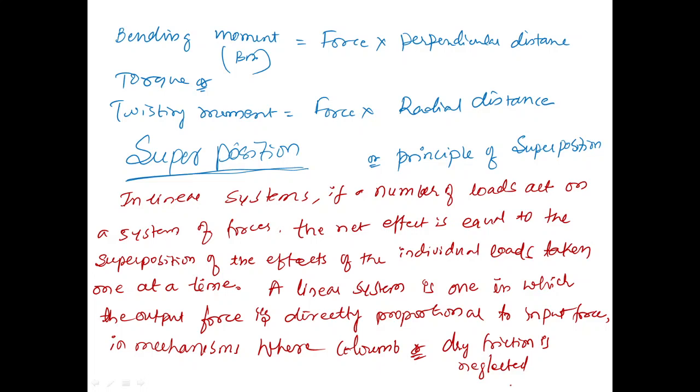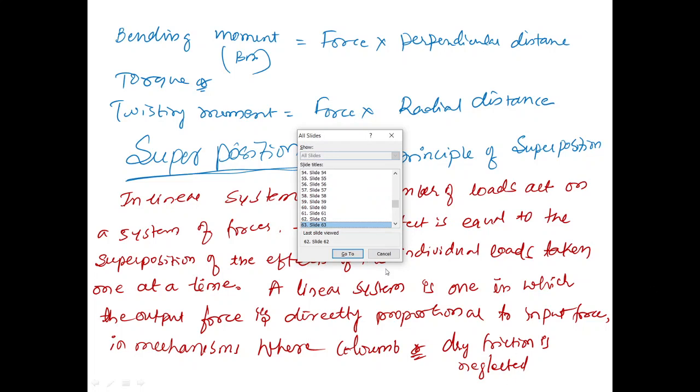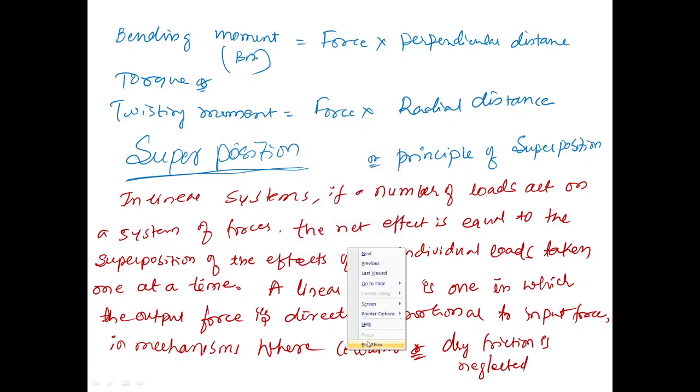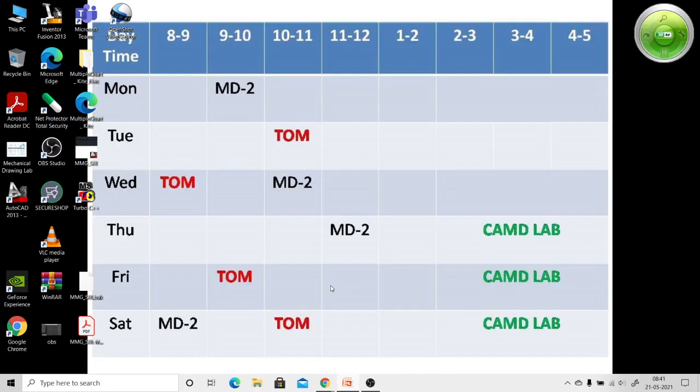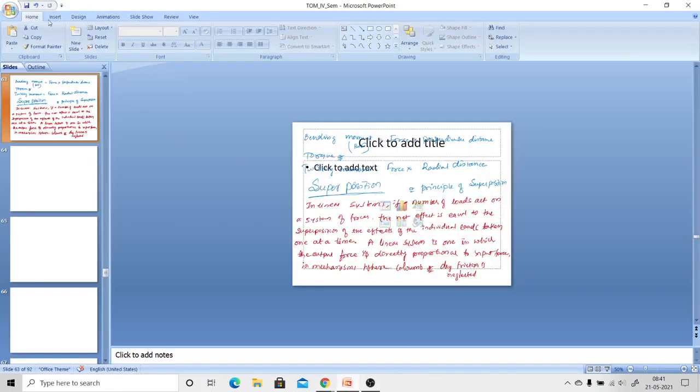Now we will go for the graphical method of the earlier problem, because you need to practice. As you do not have an analytical approach here to find out the forces, displacement as well as angular velocity, everything you need to find out based on the graphical method. That is the graphical solution.